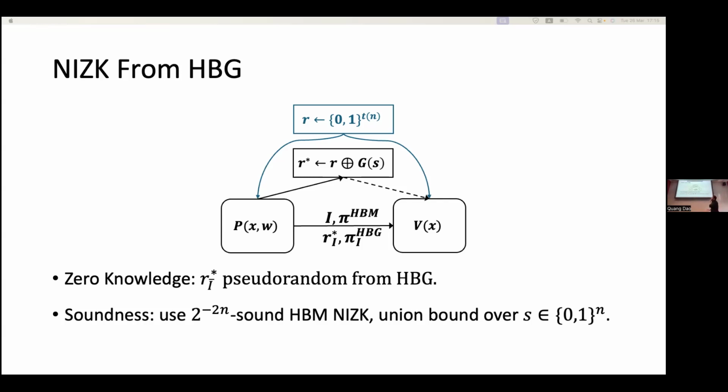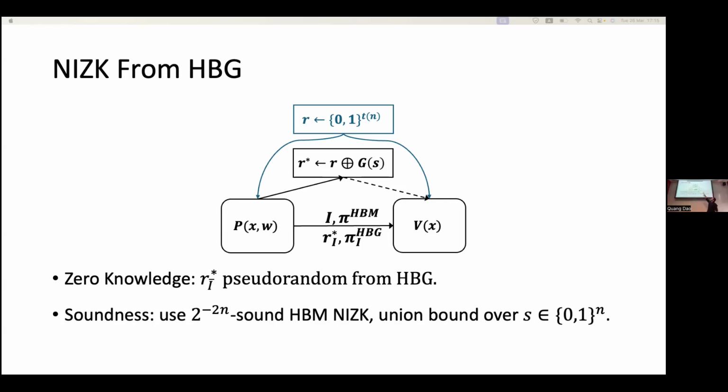So the point is that if we use an HBM NIZK with small enough soundness, which we can do by taking parallel repetition, then we can take a union bound over S, over the seed. Think about taking an HBM NIZK, and taking enough repetitions to make the statistical soundness very, very small.